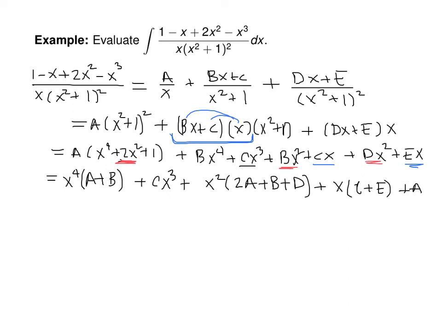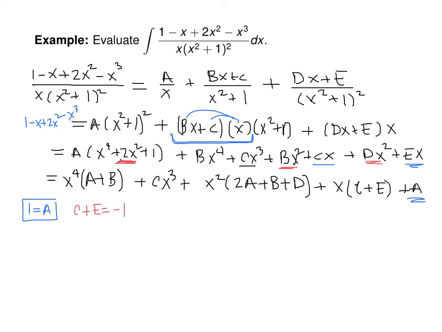And let's work our way from the bottom up. So constant term, a is the only thing. 1 is the constant term on this right-hand side. So 1 has to equal a. Got that. Now next we have that c plus e will have to equal -1.